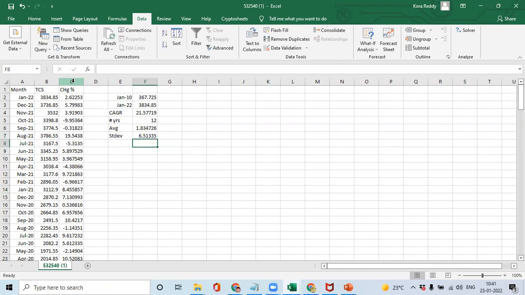So what does it mean? 1.8 average returns and 6.5 standard deviation. What does it mean for you? It means it moves around 6% from the mean on average.